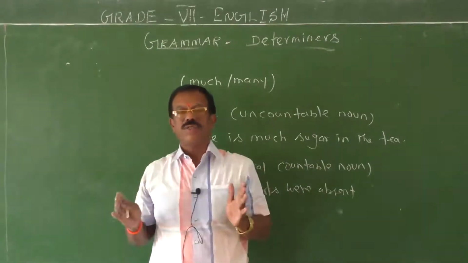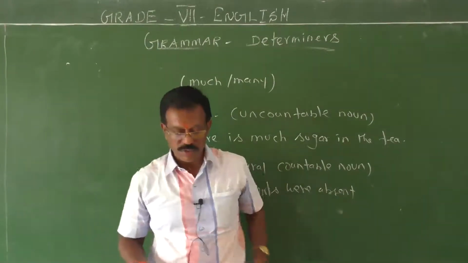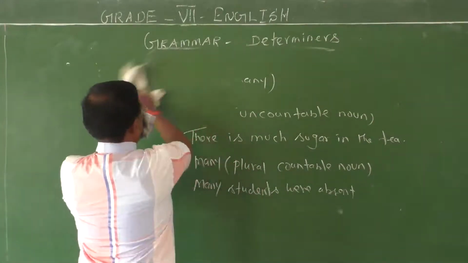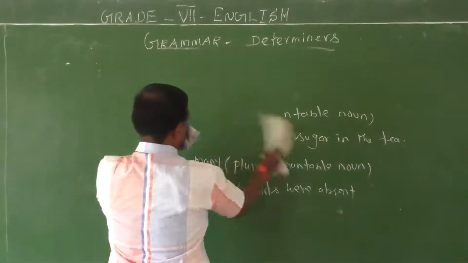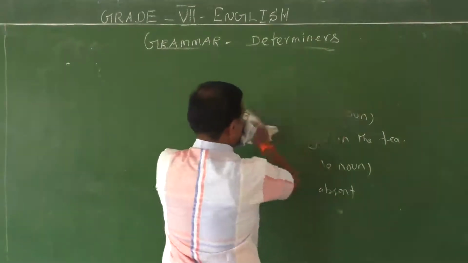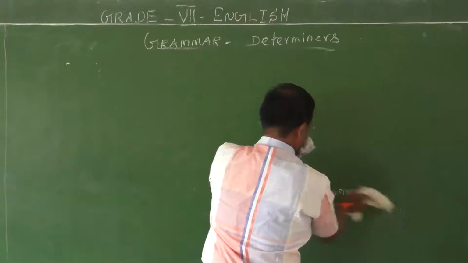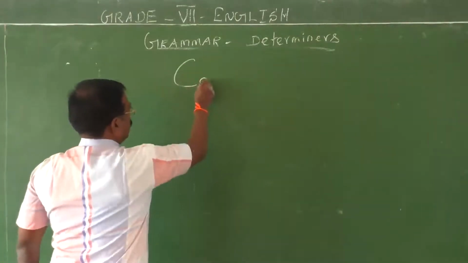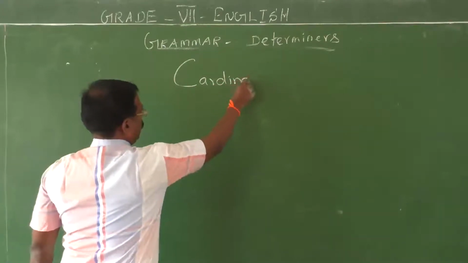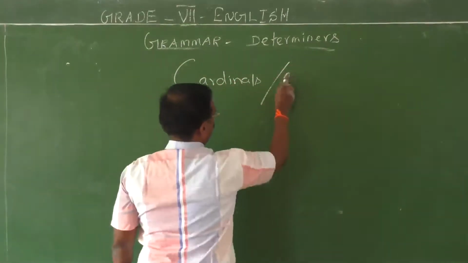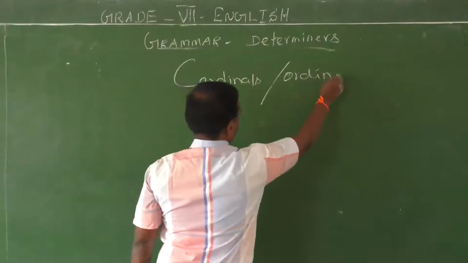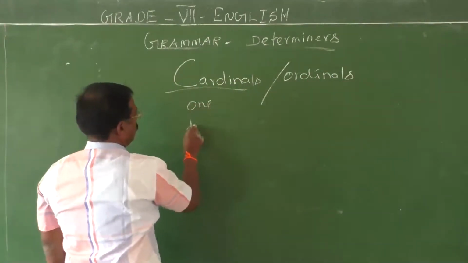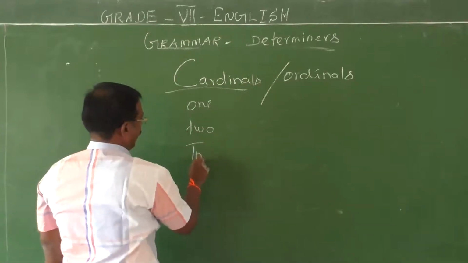They are also used as determiners. You should know the difference between cardinal numbers and ordinal numbers. Cardinal numbers are 1, 2, 3, like that.